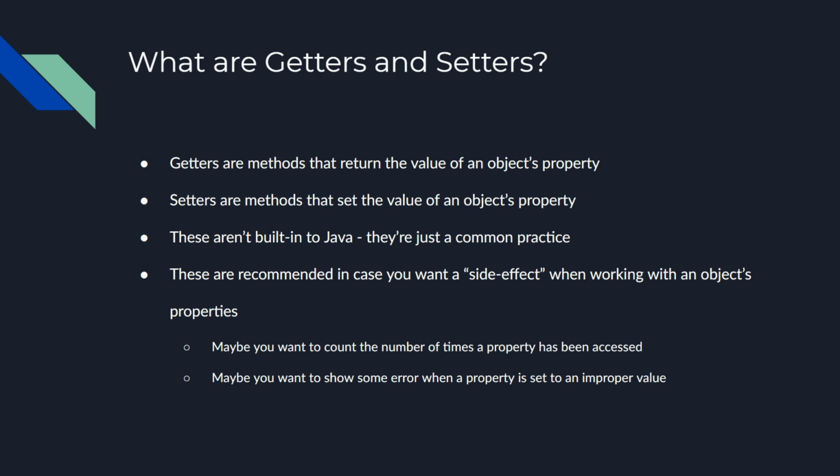And then on the other side, there are setters, which are methods that allow you to change the value of a property. And you may be thinking, well, if you define a getter and a setter, then why not just make it public? The reason is that maybe when you change an object's properties, you want some sort of side effect to happen, right?